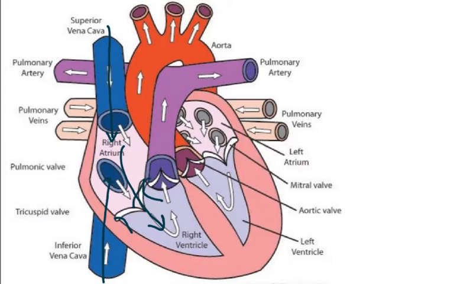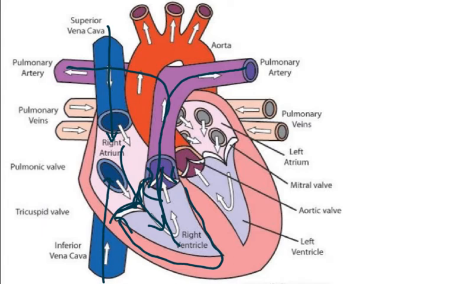Then the tricuspid valve closes, muscles in the wall of the right ventricle contract, and the blood is pumped into the pulmonary artery, but then the semilunar valve has to open. So the blood will go into the pulmonary artery, which will go to the right and the left side to the two lungs, the right and the left lung.